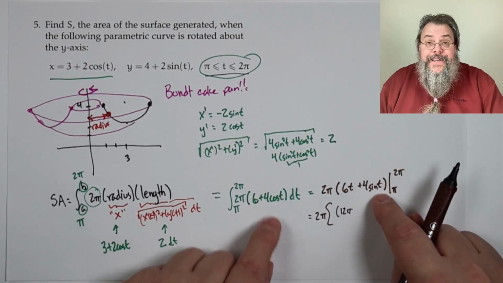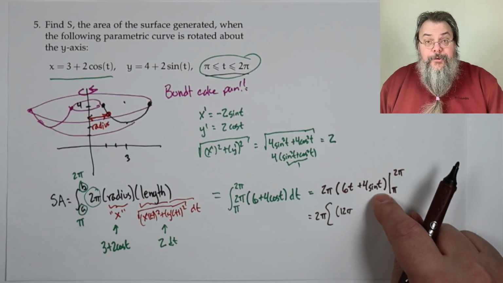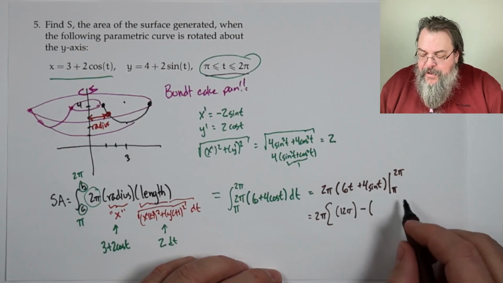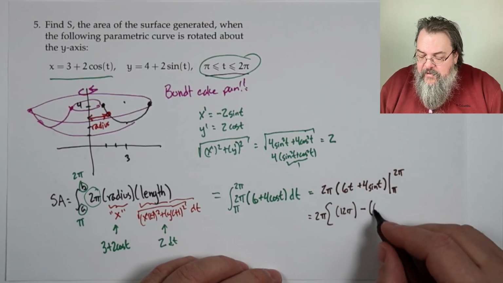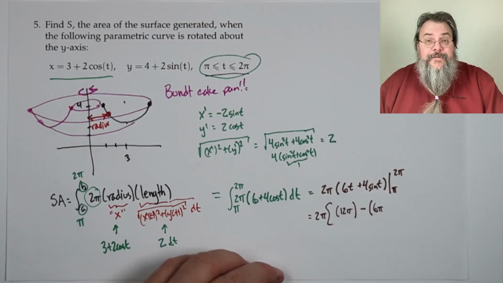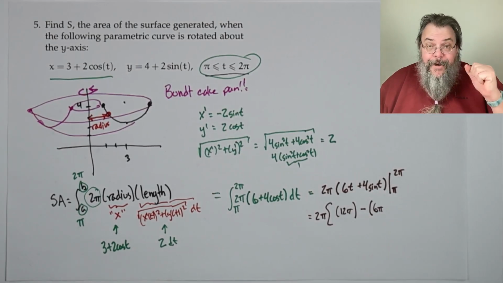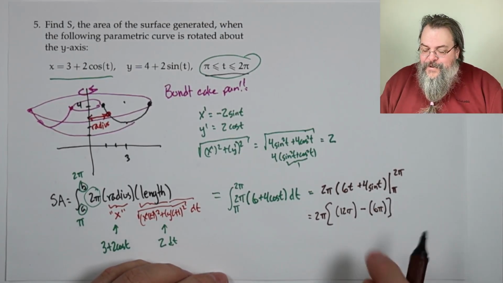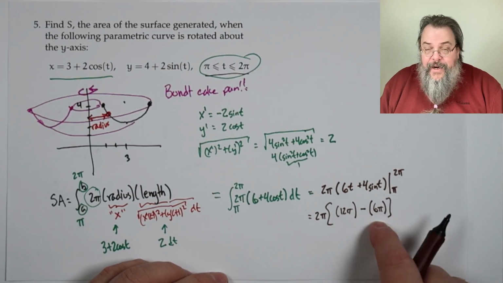Sine of 2 pi is 0. Well, that's nice. Subtract. Now plug in pi. 6 times pi is 6 pi. And 4 times sine of pi is also 0. Oh, nice. So 12 pi minus 6 pi makes 6 pi.